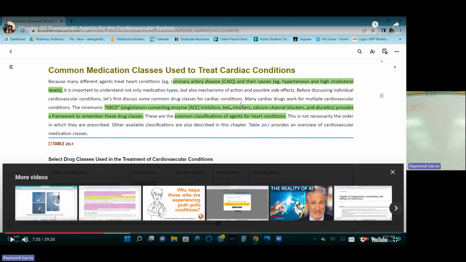All right. So A, B, C, D, use that mnemonic in regards to understanding what different types of drug classes fall within the cardiovascular system. So you have angiotensin converting enzyme or ACE inhibitors.